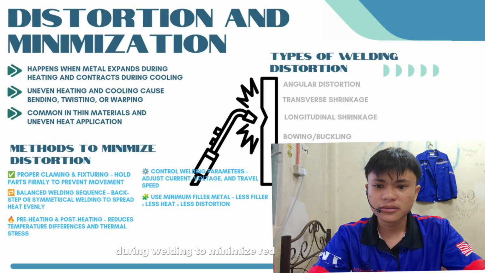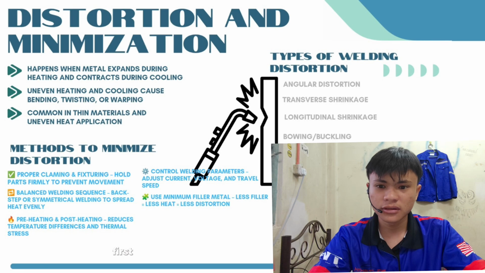To minimize distortion, welders can use several effective methods. First, it is important to use proper clamping and fixturing to hold the welded pieces firmly in place during welding so they cannot move or deform.